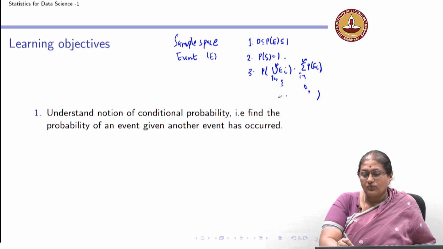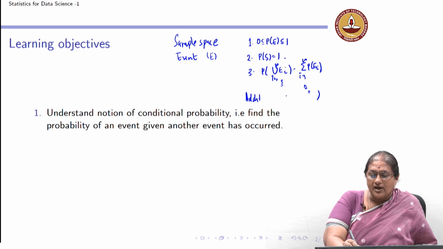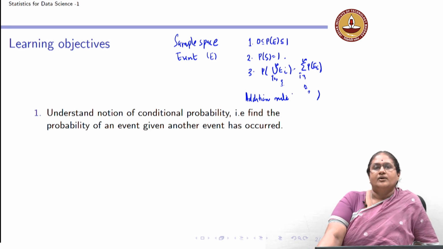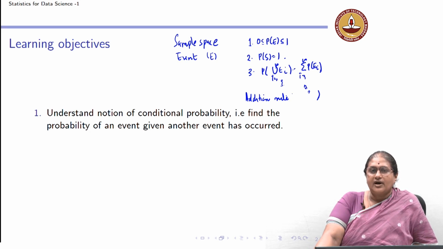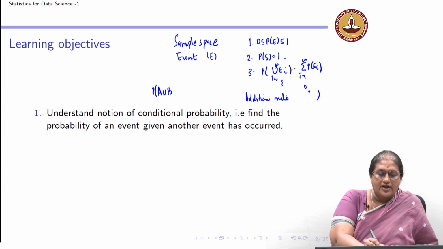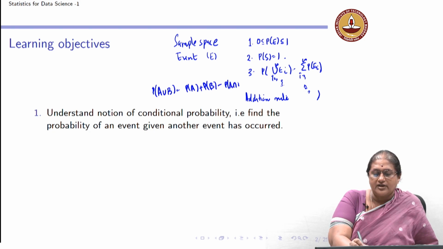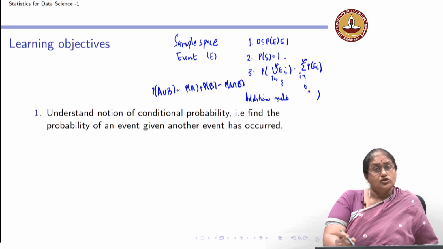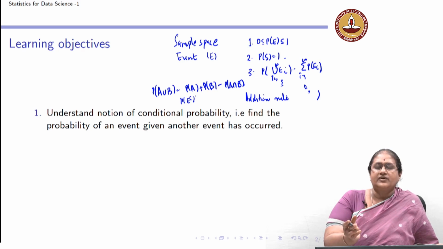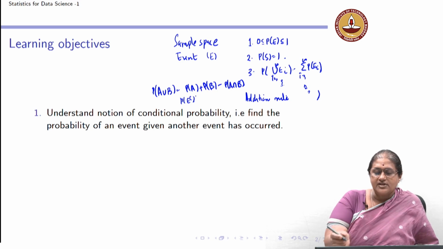We also looked at what we refer to as the addition rule, for when I do not necessarily have mutually disjoint events. It says that the probability of a union of any two events is the probability of A plus probability of B minus the probability of A intersection B. We also defined the probability of a complement of an event, and then worked out certain examples of this theory which we developed.